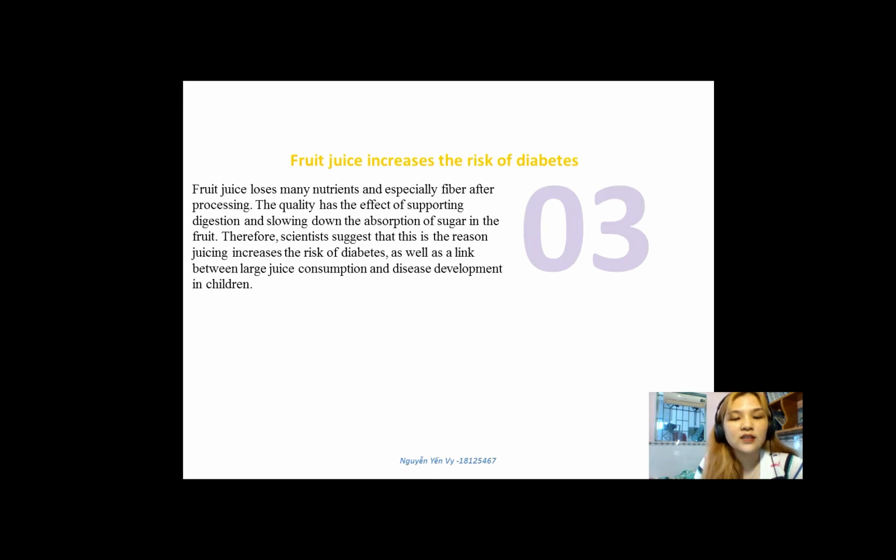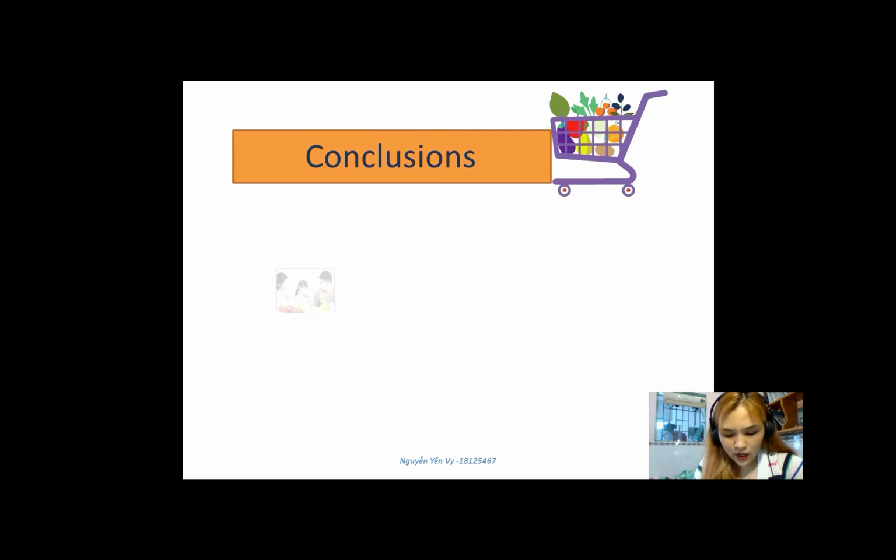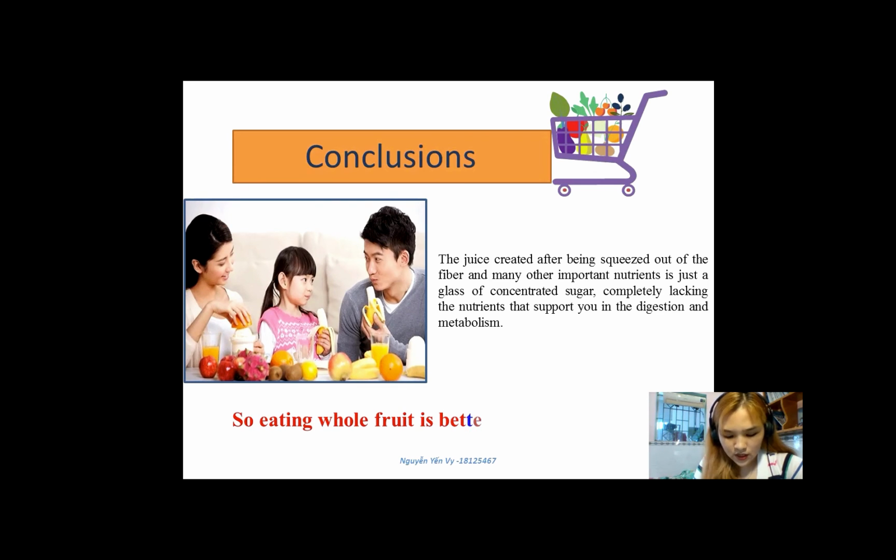Therefore, scientists suggest that increased juicing increases the risk of diabetes, as well as a link between large juice consumption and disease development in children. Because of those three important reasons, you should say no to foods full of sugar with absolutely no fiber. So eating whole fruits is better than drinking juice.